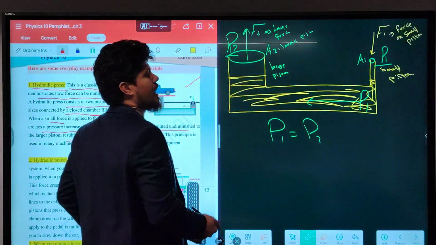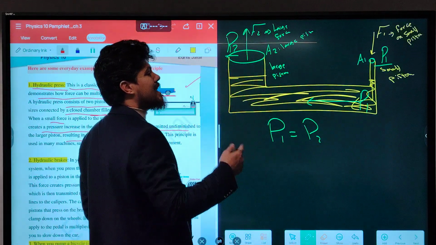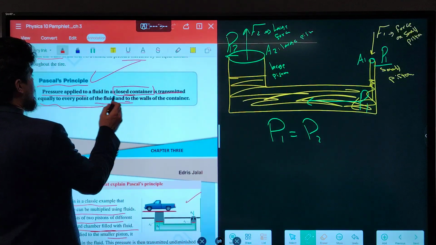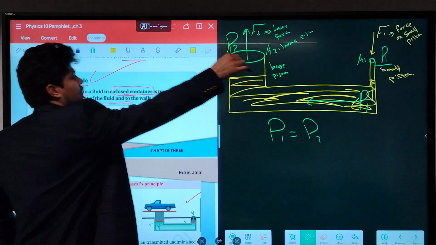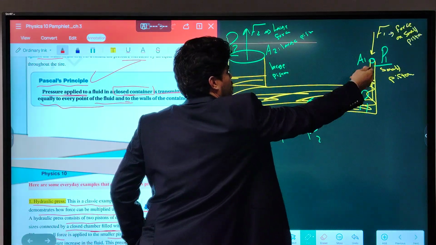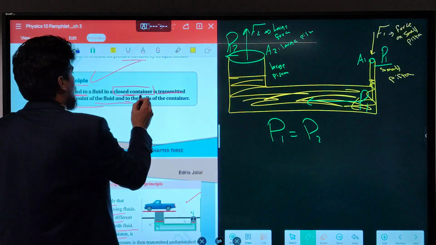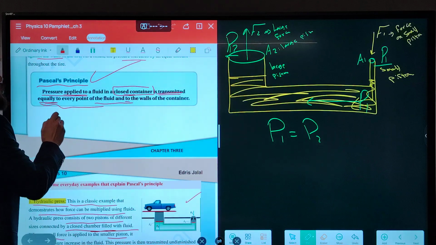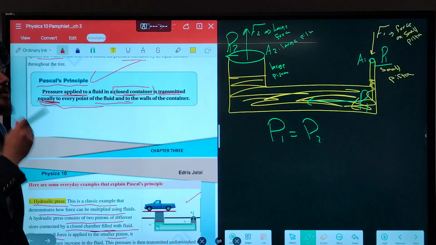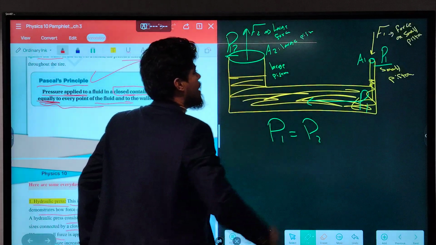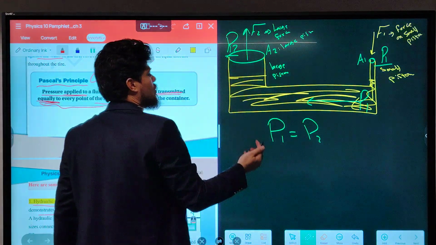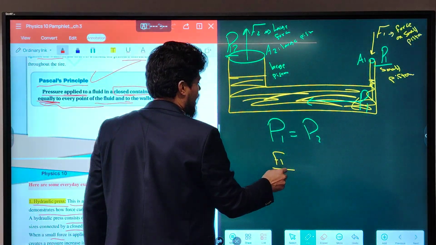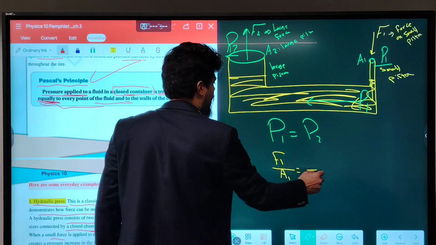In both pistons we have the same pressure. Why? Because Pascal's principle states that pressure applied to a fluid in a closed container is transmitted equally. What do I mean by transmitted equally? It means that P1 must be equal to P2. P1 is equal to F1 over A1. How about P2?